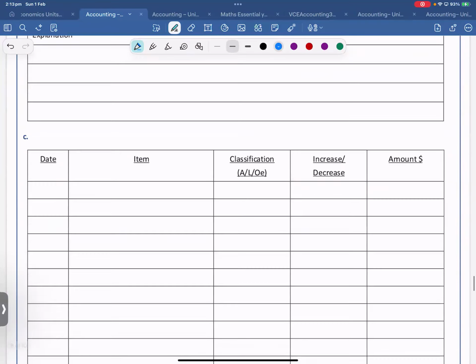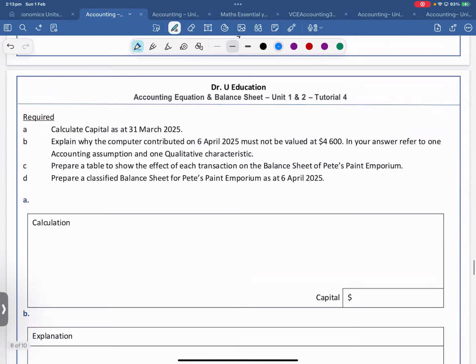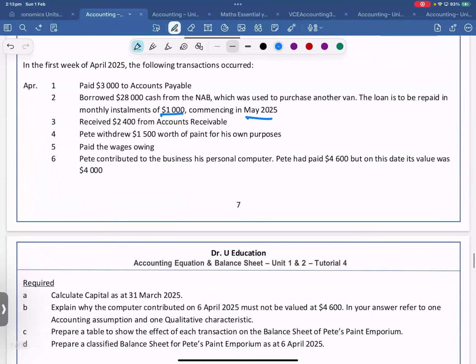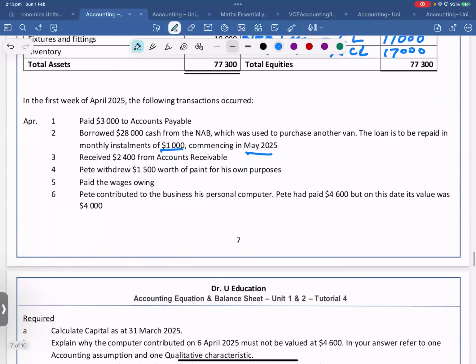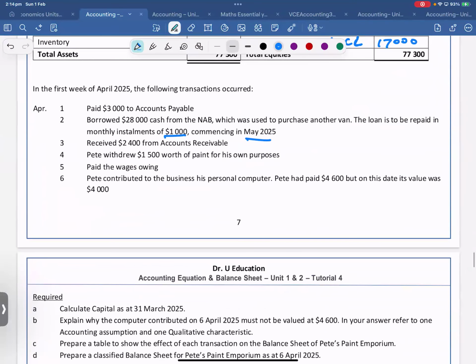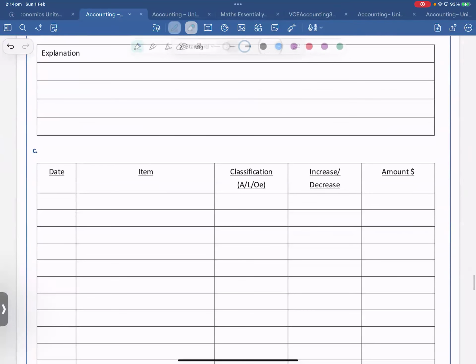Then, if you want, you can do this part as well. I think it should be fine. But I'm just helping you to do part D. Now, Tanisha, if you want, we can do that part as we go. For example, April 1st, paid to accounts payable, then what would we do? We will say date is April 1st. What are the items affected?